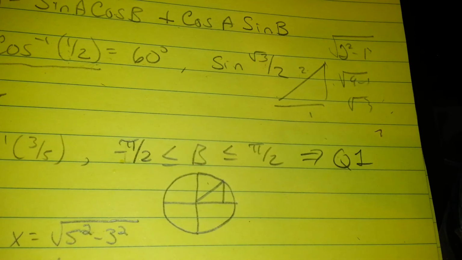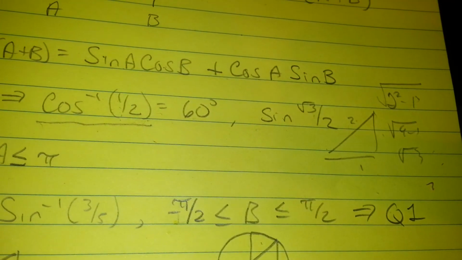Hypotenuse is 2, adjacent's 1. This would be √3. 2 squared minus 1 squared is 4 minus 1, which is √3. So √3/2 is your sine. But we knew that. So we know our cosine and sine for that angle.